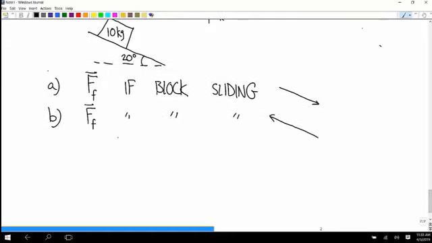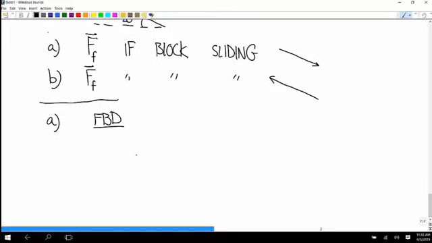Okay, so part A, free body diagram. There's a weight force of 98.1, and there's a normal force, and now there's a friction force.